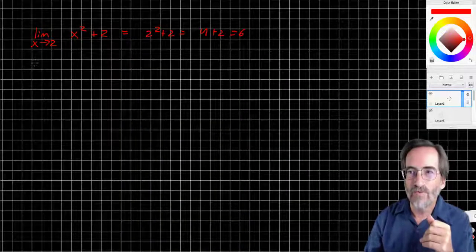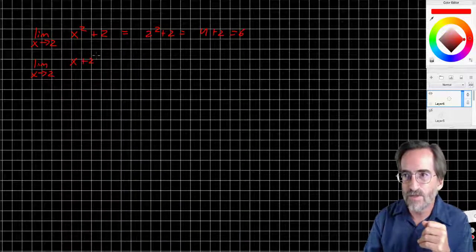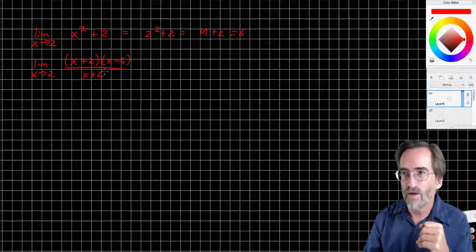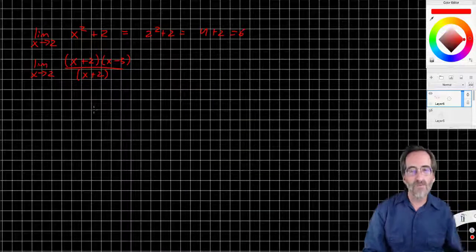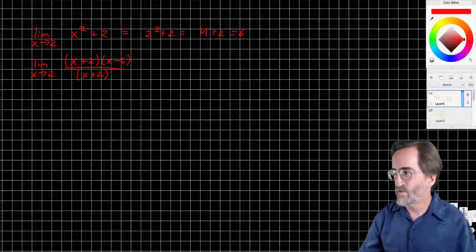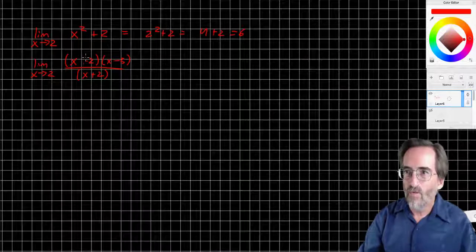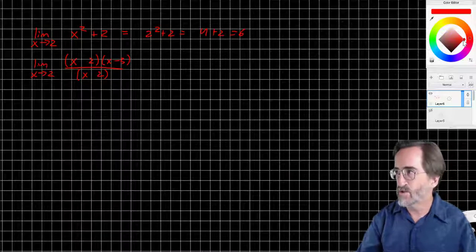But what about the limit as x approaches 2 of (x minus 2) times (x minus 3) over x minus 2? Now you might be tempted to think, well, the x minus 2's cancel, but what happens as x equals 2 to this function?